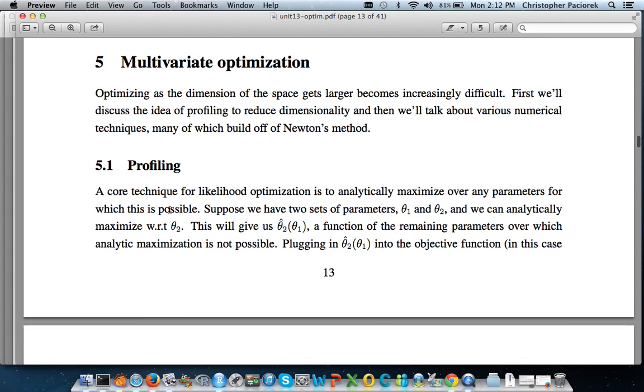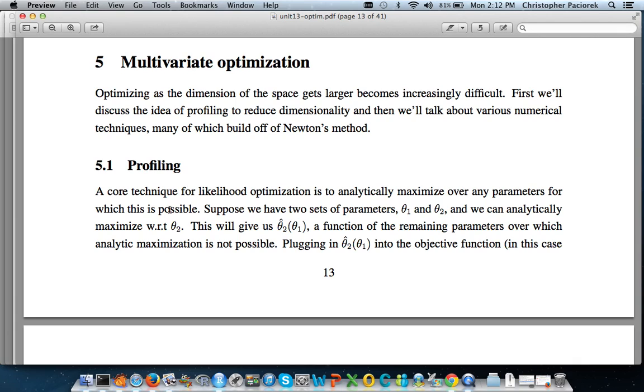But before we get to that, a core technique for when you're doing optimization is to see if you can analytically maximize over some of the parameters or some of the coordinates in the vector that you're trying to optimize with respect to. If we have a problem where I can just take a derivative, set it equal to 0, and then solve for the vector of interest, of course we would do that.